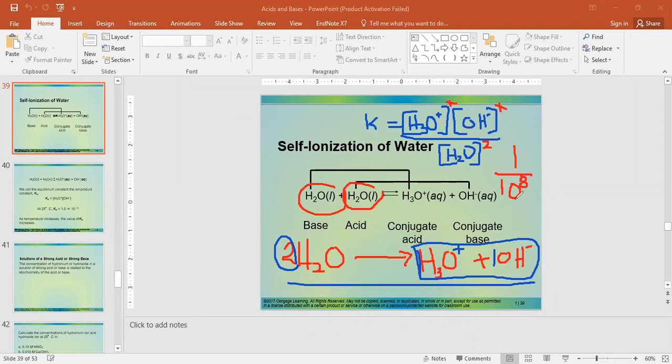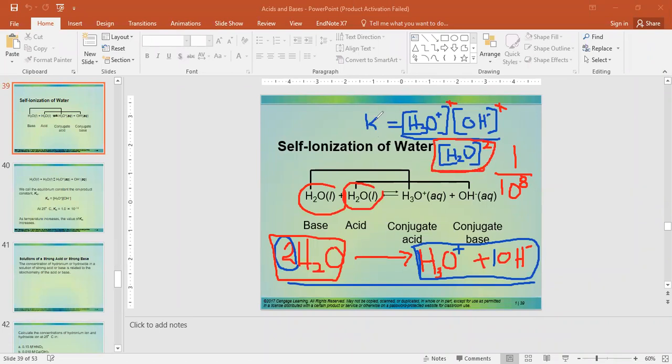And for this reason, we say that statistically, the concentration of water is going to remain essentially the same. So the initial concentration of water here is going to remain the same throughout because only very little of it, only 1 out of 100 million will undergo the self-ionization at every given instant. So we say that this one is a constant. The initial concentration of water is a constant.